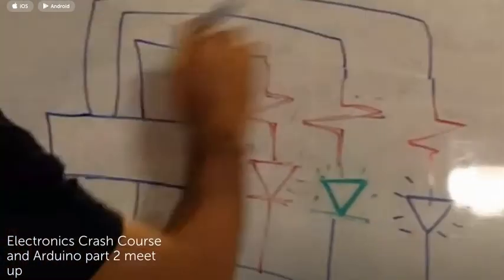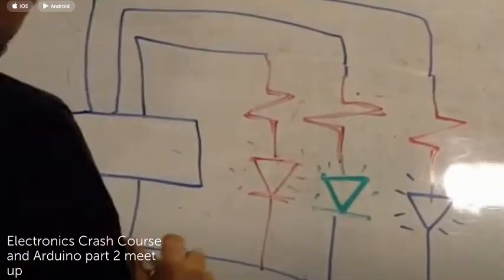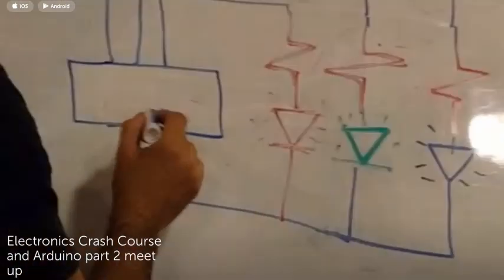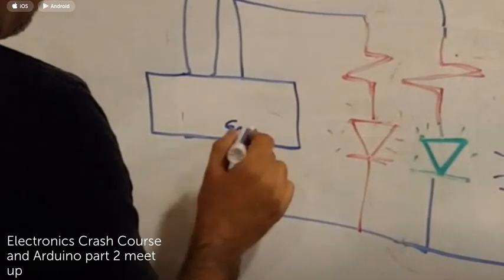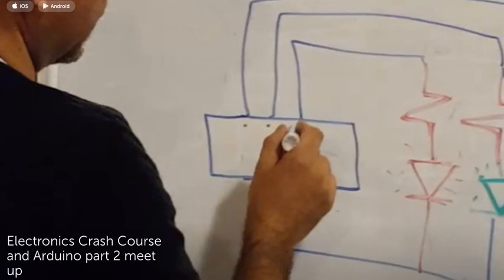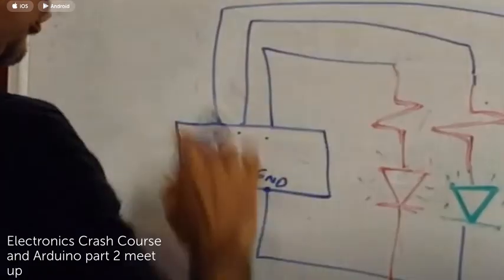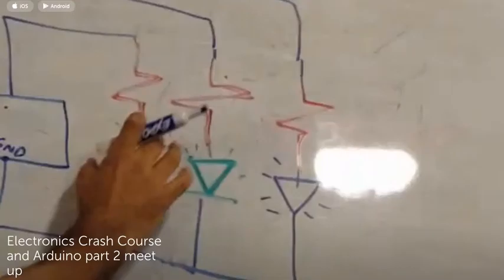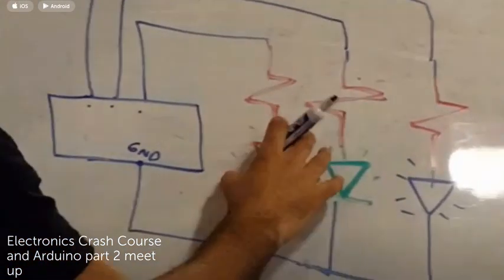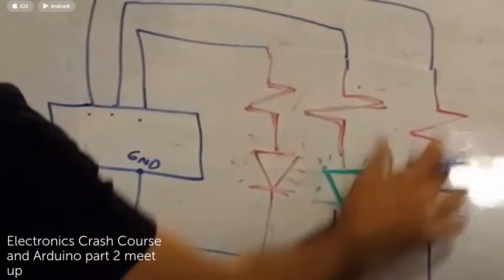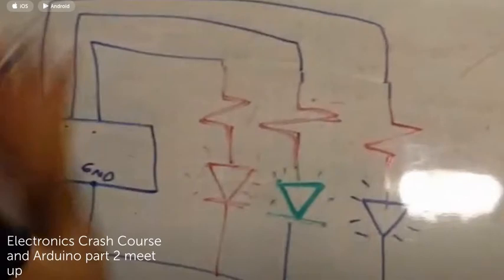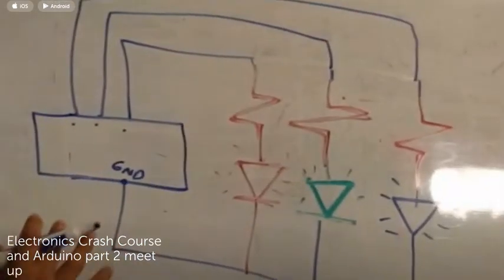So three pins are going to control that from the Arduino, and then all the negatives are going to go to the same common ground in the Arduino, and we're going to define which of these three pins we're going to use to turn on or off. And we can turn on and off at different rates, different pulses, and make them brighter or dimmer. And all this combination will give us the different hues and different colors. So basically this is our circuit that we're going to create.